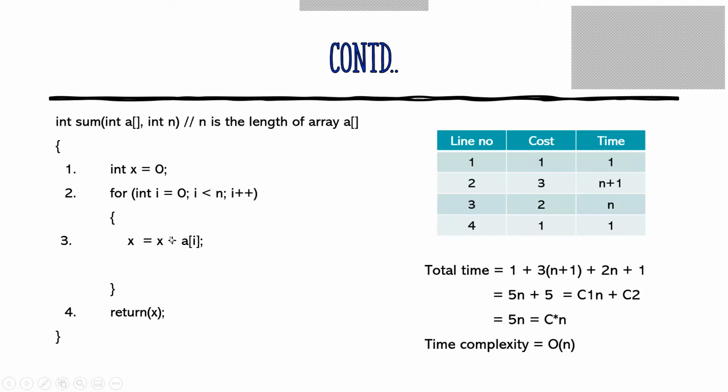So if your n is 10, it will be 50. If your n is 20, then it will be 100. Then again, if n equals 100, it will be 500 and so on. So your time is increasing linearly with your input size. So this is the linear time complexity and it's O(n).